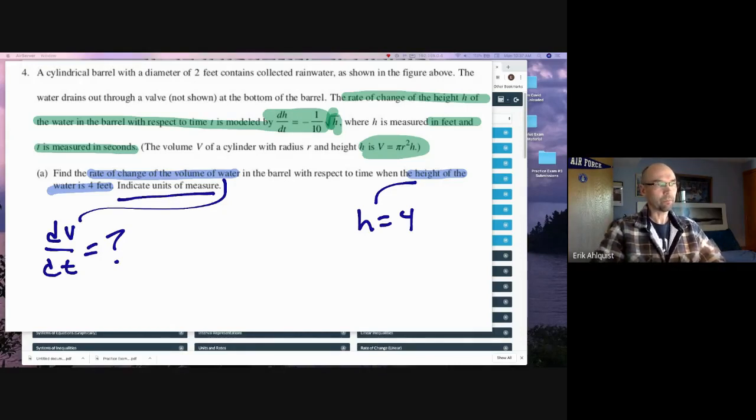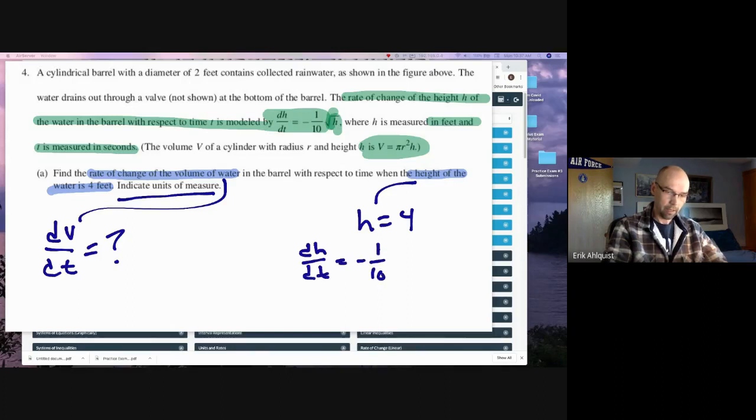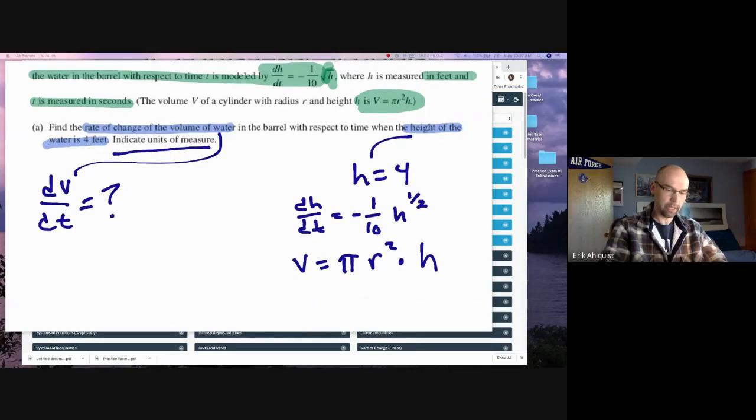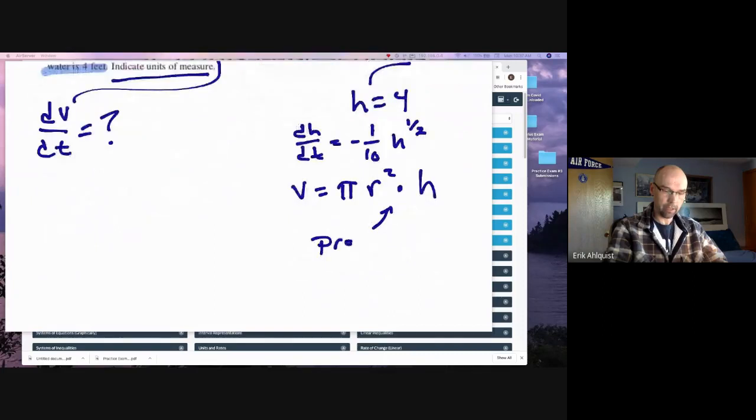The information we're given is the height, and we're given dH/dt is equal to -1/10 times the square root of h. I'm not going to write it that way, because I know I'm going to have to differentiate that at some point, so I'm going to write that as h to the 1/2. I'm also given a volume equation, V = pi r squared times h, and as soon as I write that in there, I should be thinking that I'm probably going to have to use the product rule.